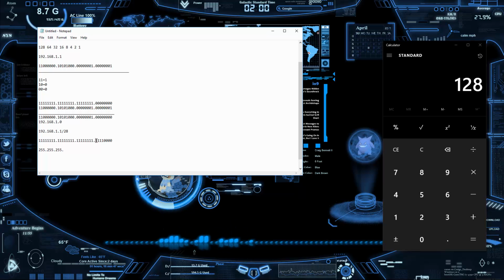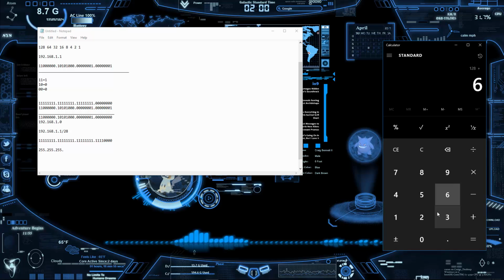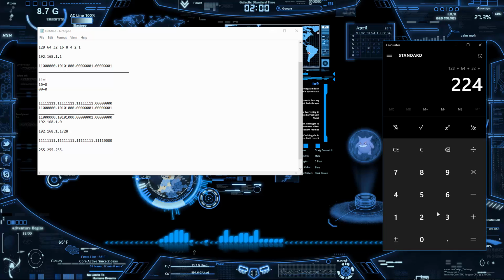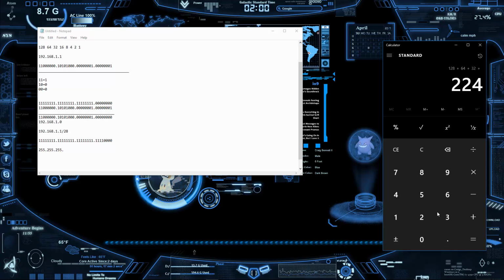If we use the formula above, we have 128 plus 64 plus 32 plus 16 equals 240.